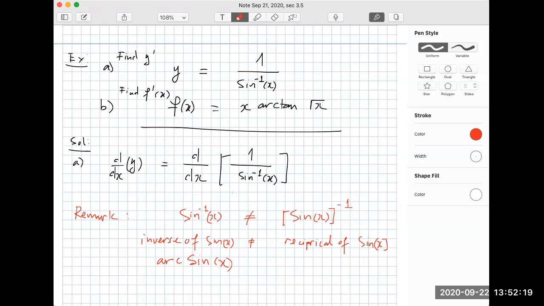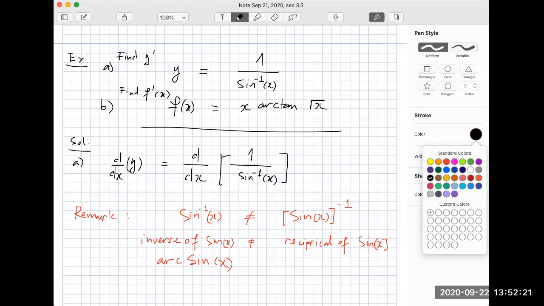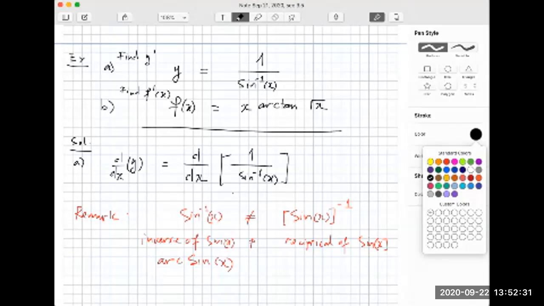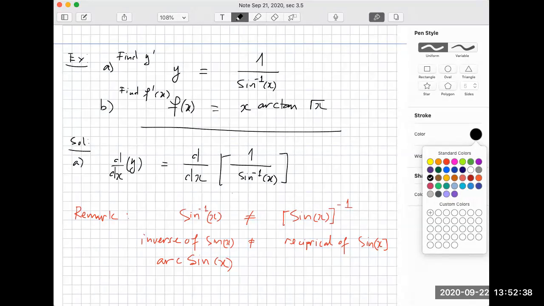Very good. Now let us go back to this derivative. Which formula should we use here? Quotient, right? Quotient.